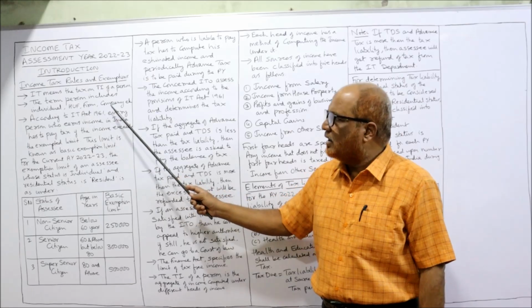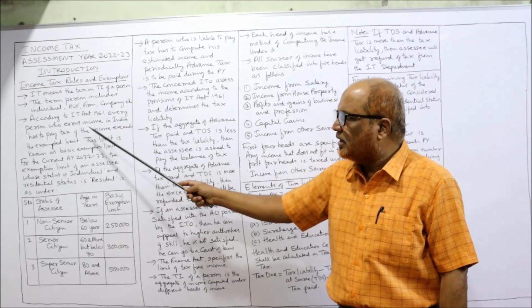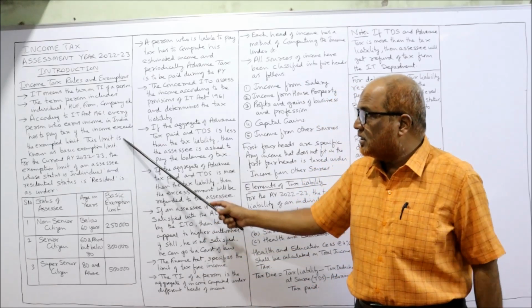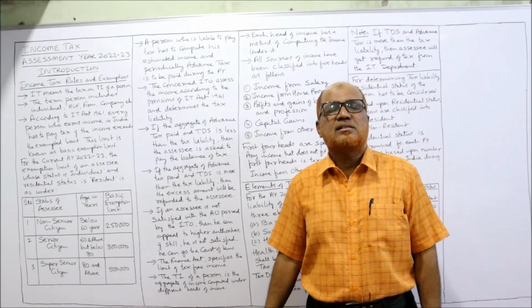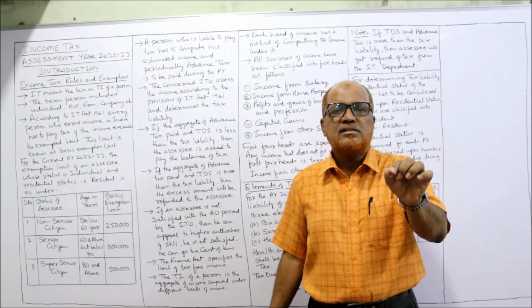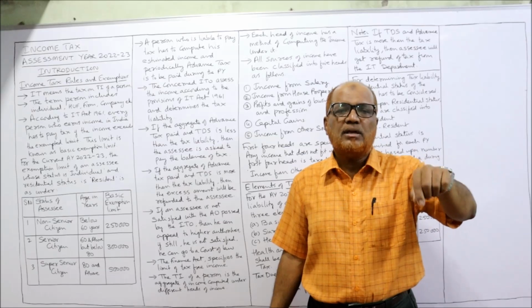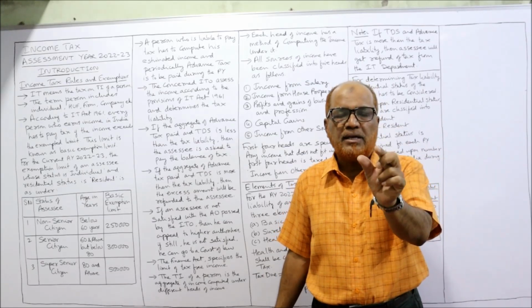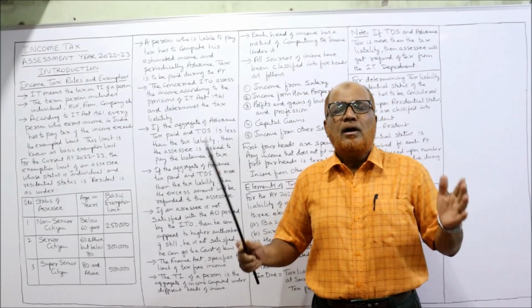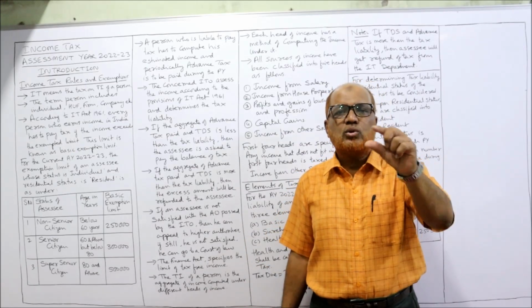According to Income Tax Act, every person who earns income in India has to pay tax if the income exceeds the basic exemption limit. This limit is known as basic exemption limit. So the rule in India is every person whose total income is more than the basic exemption limit during the current previous year. For example, our assessment year is 22-23.